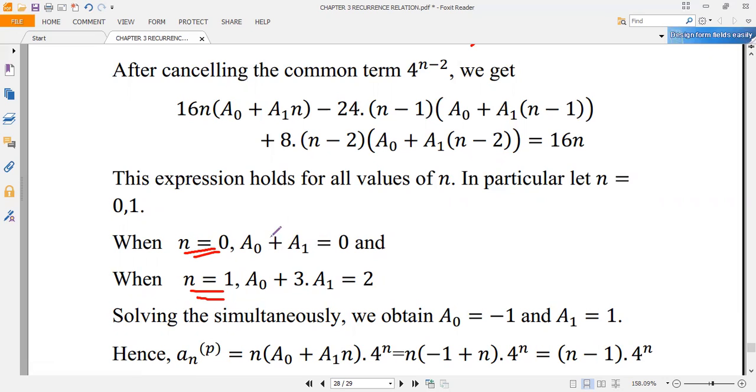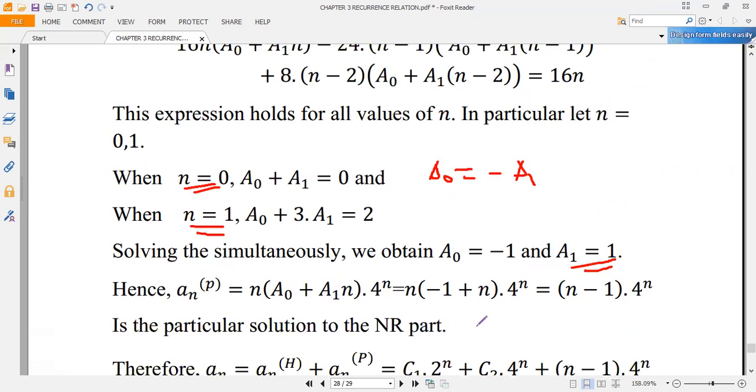So solving these equations, from the first equation, a0 is equal to minus a1. Substituting into the second, minus a1 plus 3a1 is equal to 2, which is 2a1 equal to 2. So a1 becomes 1, so a0 becomes minus 1.